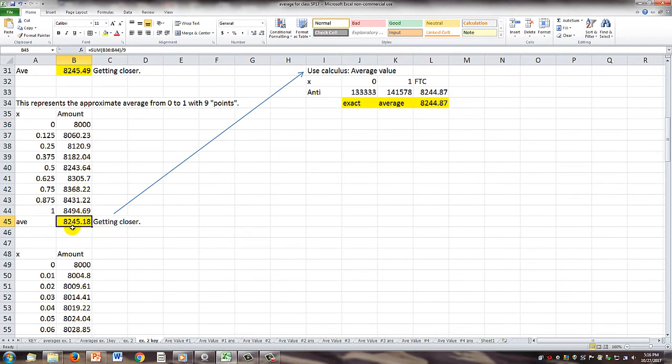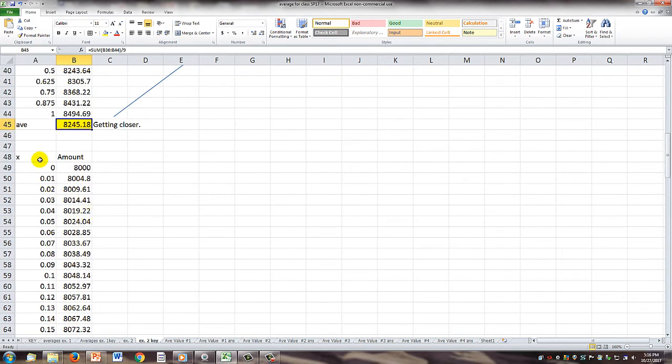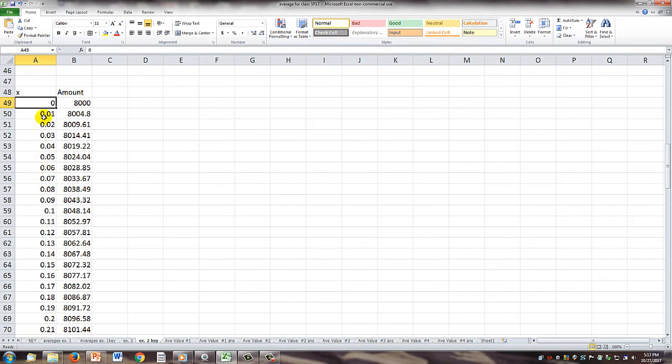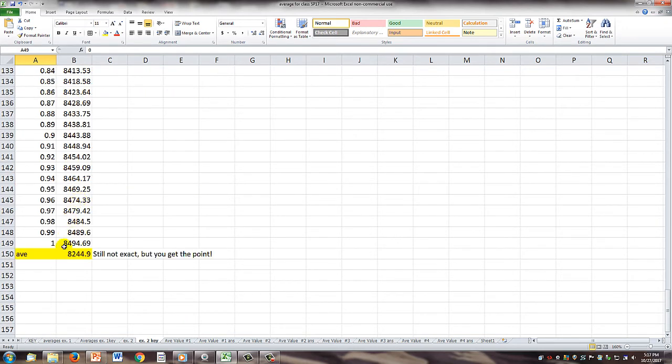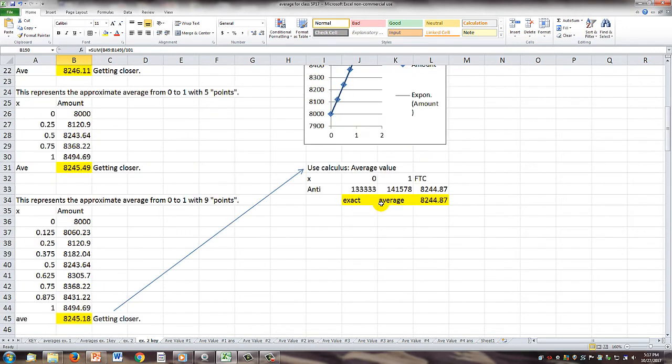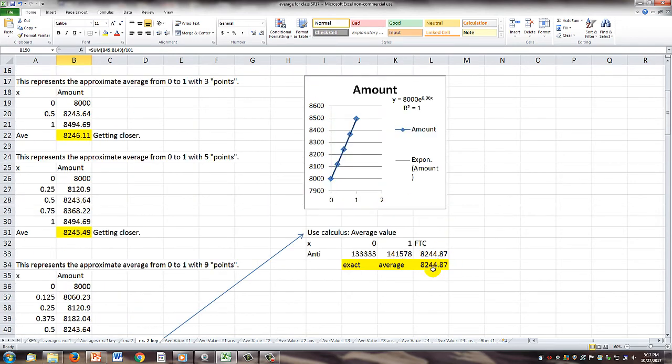I'd get 8,245, getting closer. If I divided the year up into 100ths, found the amount, added all those up and divided by 101, I get 8,244.9. So you see how it's getting closer to this actual average value.